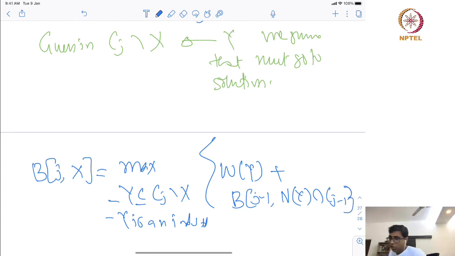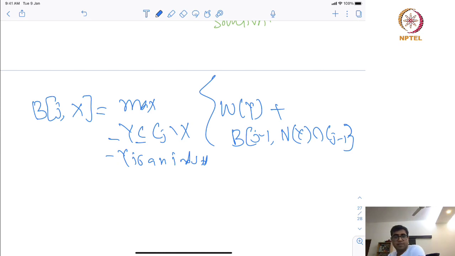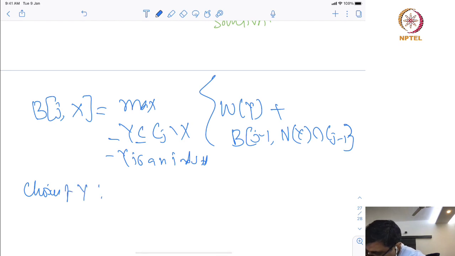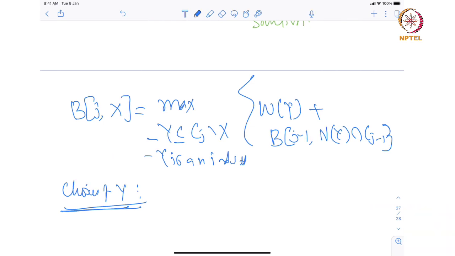That is it. So, how much time will it take to fill this table? Notice, the choices of y is how much? To fill this table, what are the choices of y? The choices of y is 2 power k minus cardinality of x.